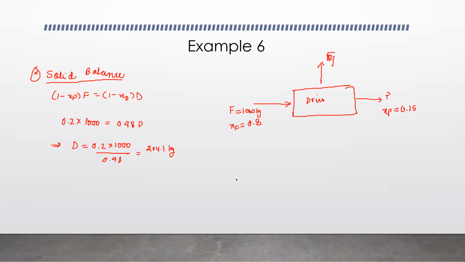So now when we do solid balance for this diagram, let me use another color for solid balance for this diagram. So solid balance would give us (1 minus xf) into f is equal to (1 minus xp) into p, right?